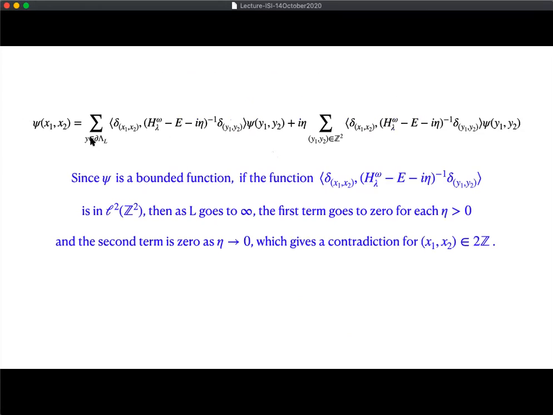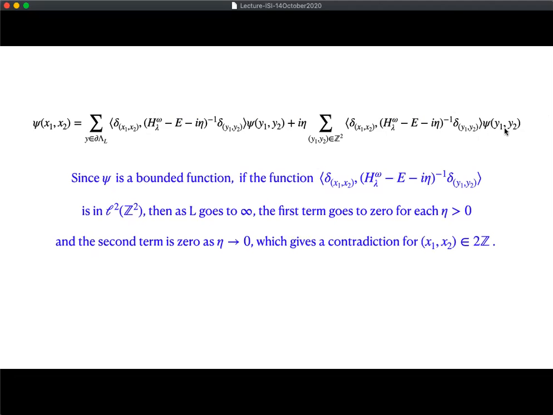We get a term that lives on the boundary of the square of side length L, and a term with a factor of eta here. Same eta is the imaginary part of the point appearing in the resolvent equation. So you have a sum of these quantities.